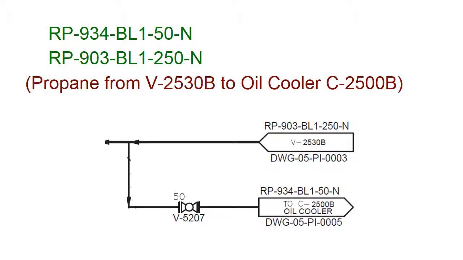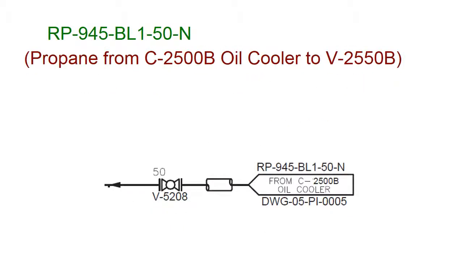RP934-BL1-50N. RP903-BL1-250N, propane from V2530B to oil cooler C2500B. RP945-BL1-50N, propane from C2500B oil cooler to V2550B.